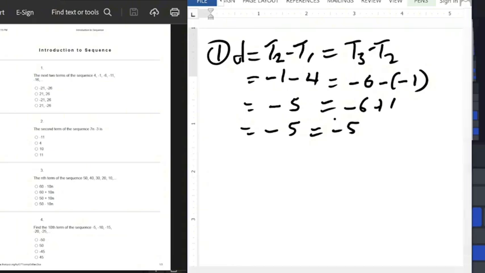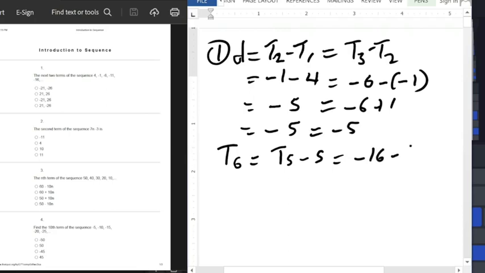So we'll add minus 5 to the first term to get the second term, add minus 5 to the second term to get the third term, and so on. We are given the first term to the fifth term, and we are looking for the sixth and seventh term. So the sixth term T6 equals T5 minus 5, which equals minus 16 minus 5, which is minus 21.